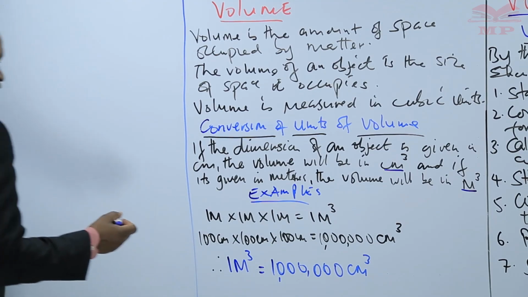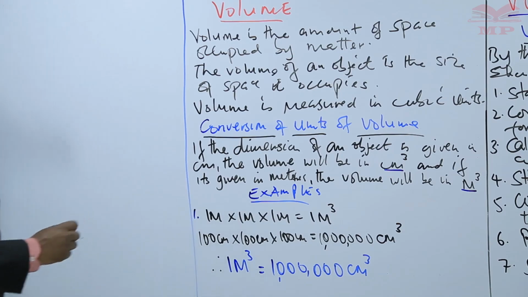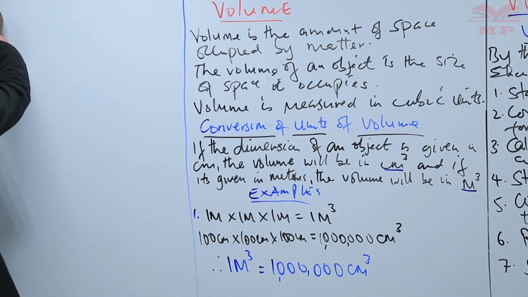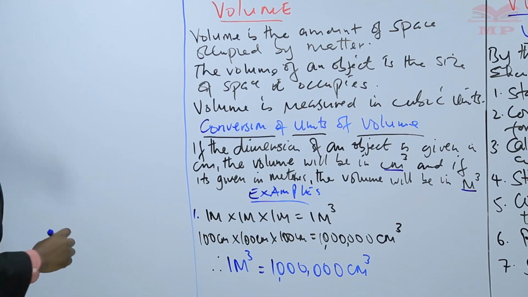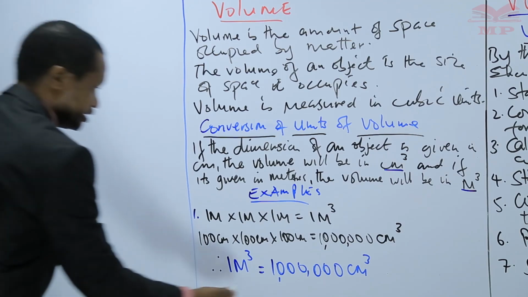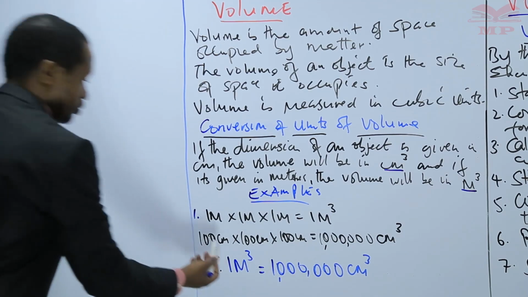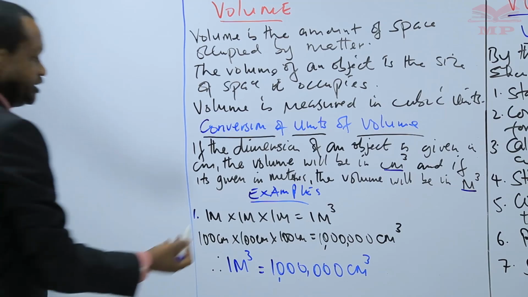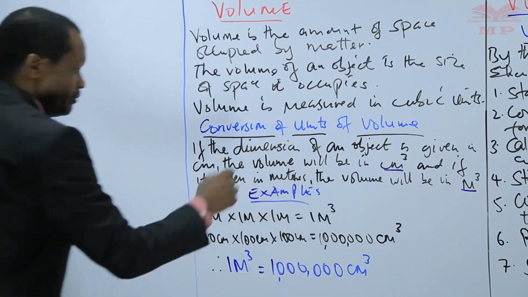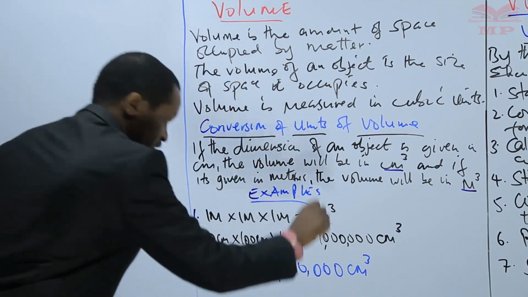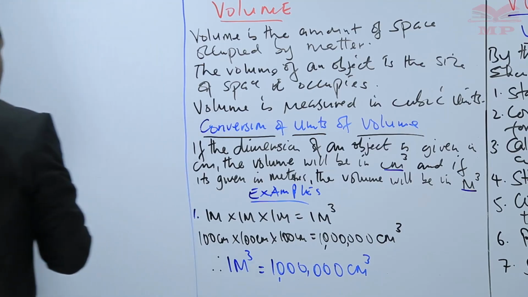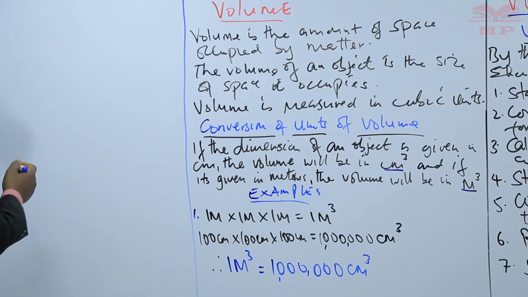This is just number 1. Let's give number 2. We have said 1 cubic meter is equal to 1 million cubic centimeters. Let's try this one.